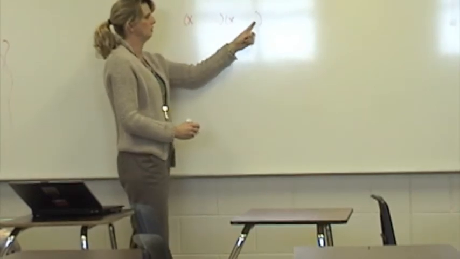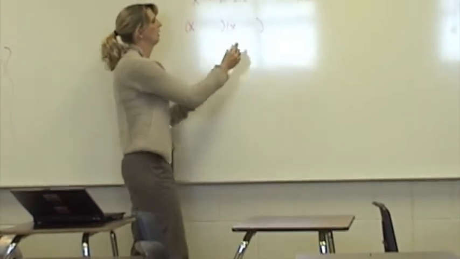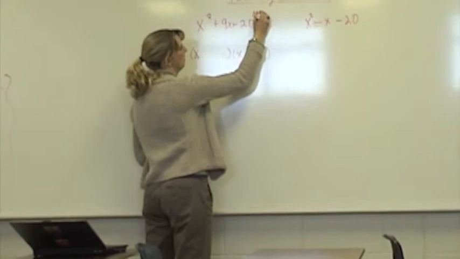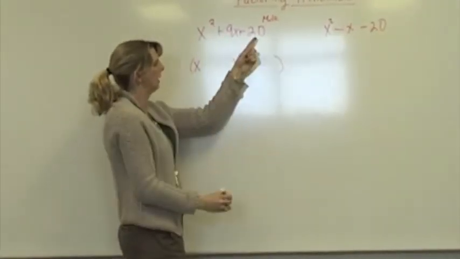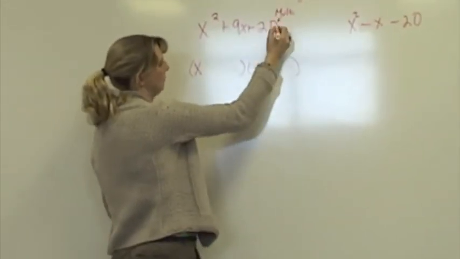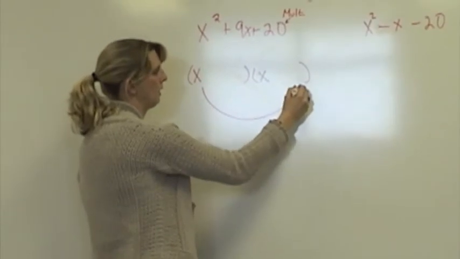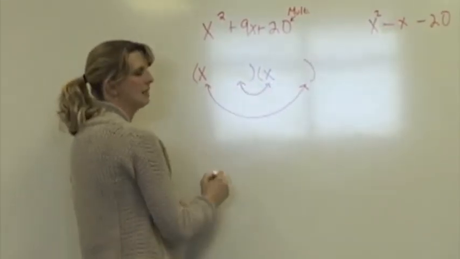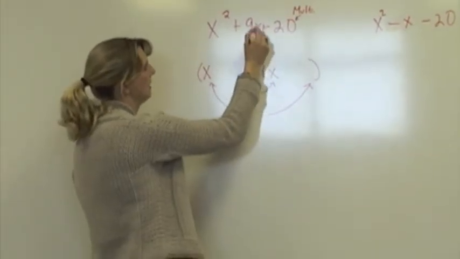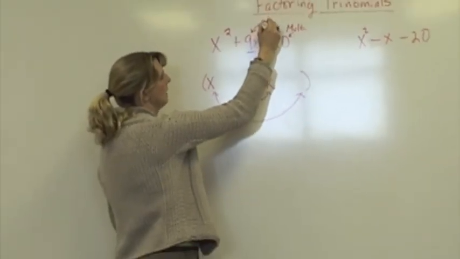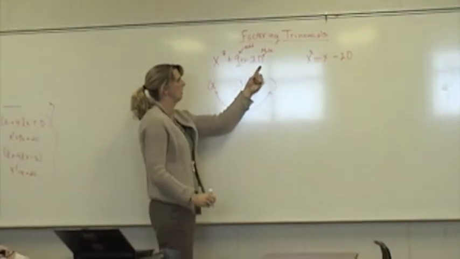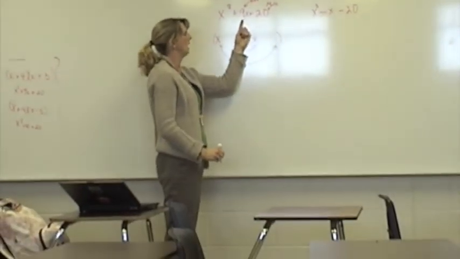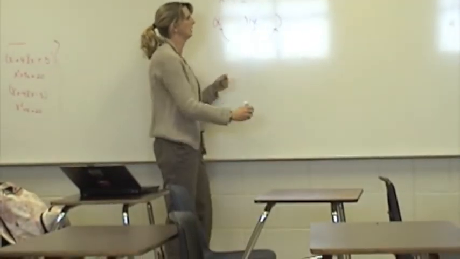The last 2 have to multiply to equal 20, but remembering from FOILing that our outsides and our insides add together to be the 9. So we need to find 2 numbers that multiply to be 20, but add to be positive 9.